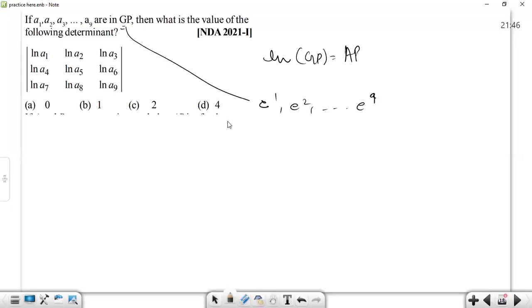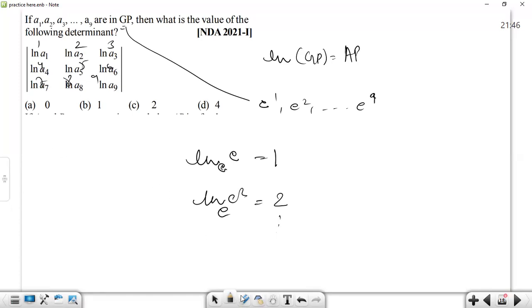Now if I take its logarithm, logarithm of e to the base e has become 1. Logarithm of e square to the base e has become 2. Similarly, this has become 1, 2, 3, 4, 5, 6, 7, 8, 9.